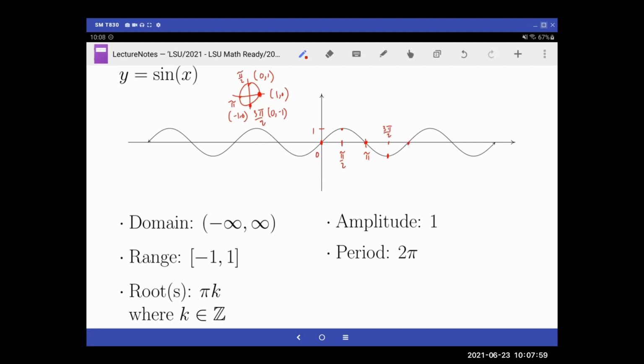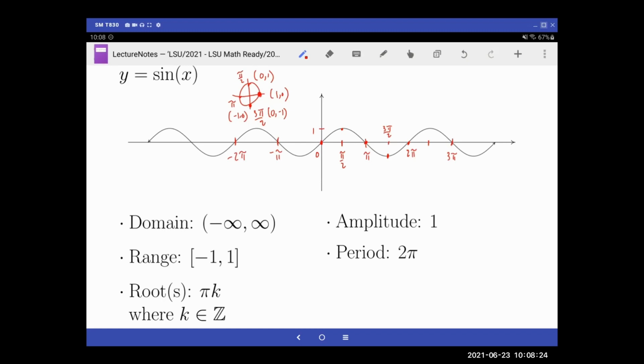And then so on, right? You repeat the process. Here's 2 pi, here's 3 pi, and so on. And you can go in reverse as well. Negative pi, and so on, -2 pi, and so on.